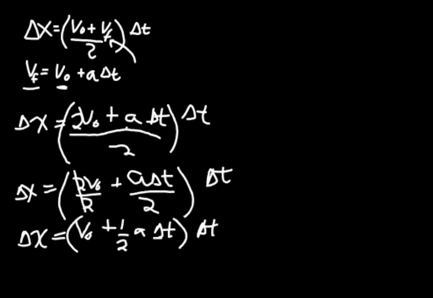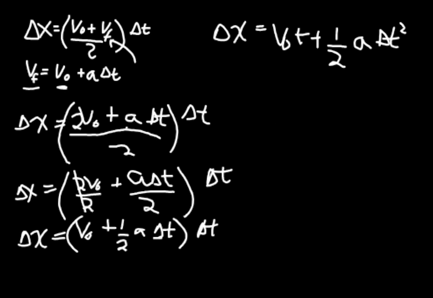So now all we have to do is distribute this change in time out here. And that gives us our third kinematic equation, saying that change in position is equal to initial velocity times change in time plus 1/2 acceleration times change in time squared.